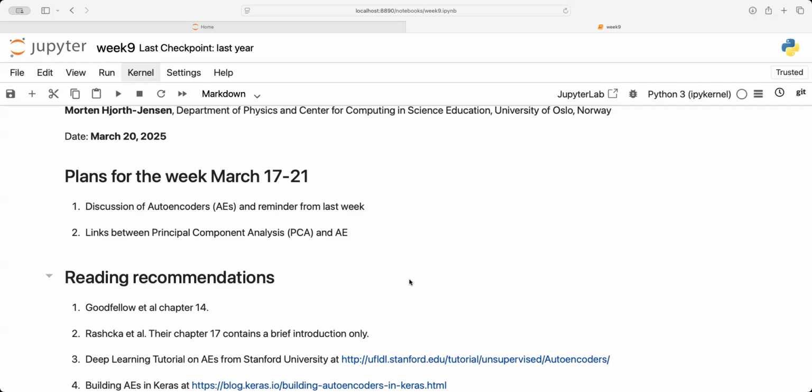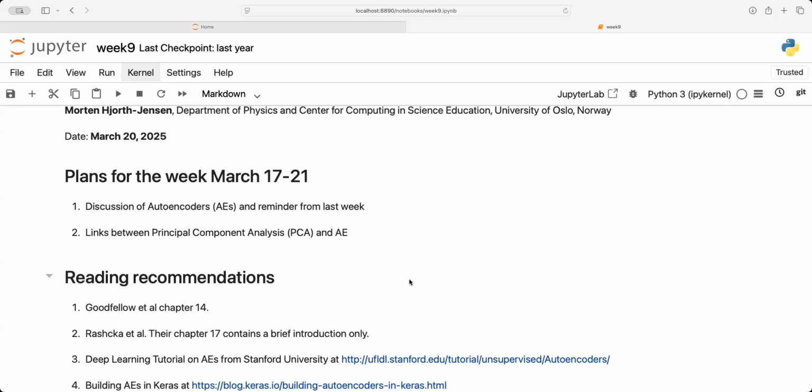Now, pretty soon we are moving into generative methods. That means basically next week. And we are going to look at energy-based models, typically Boltzmann machines and similar generative methods. And then we are going to move over to variational autoencoders, which have some of the philosophy which we meet here.